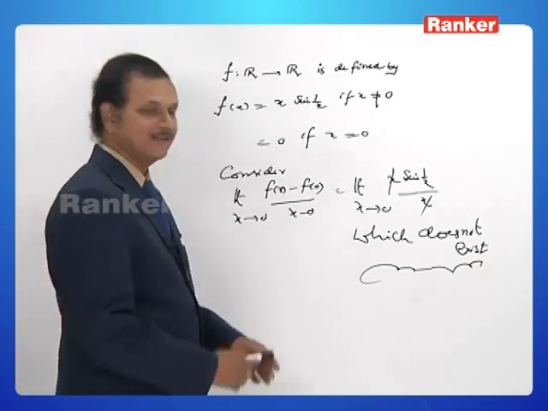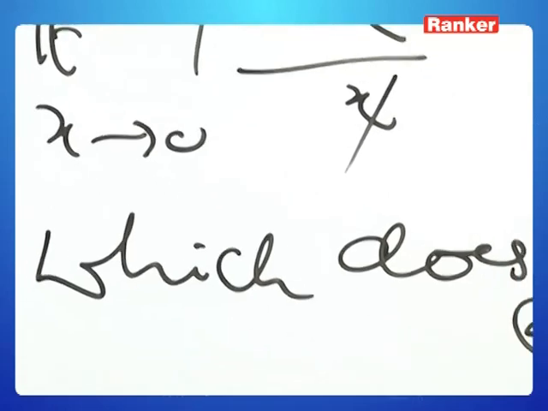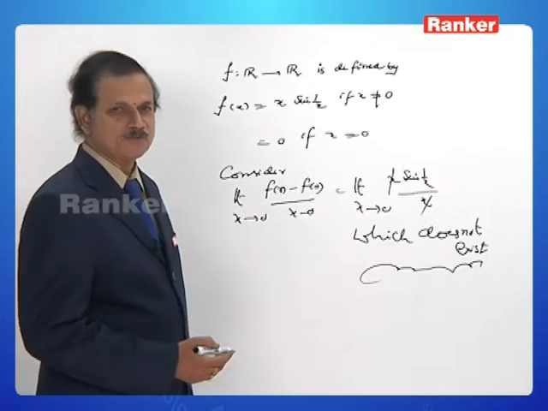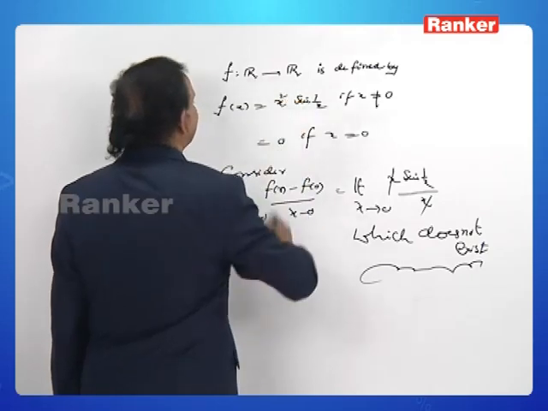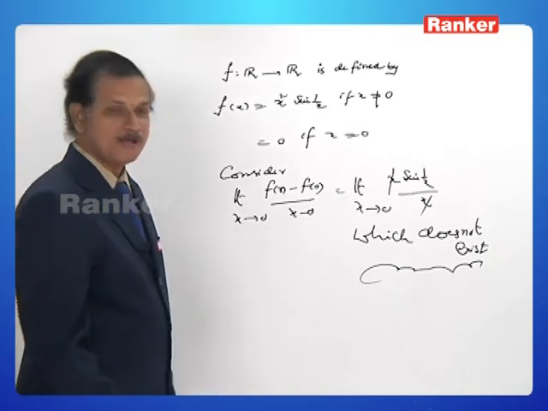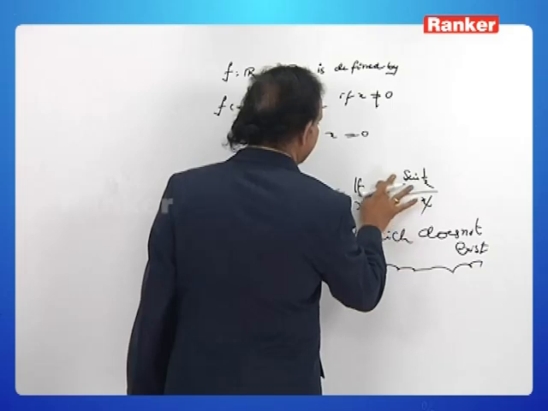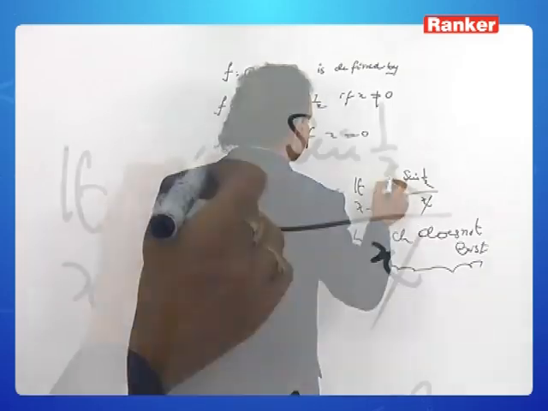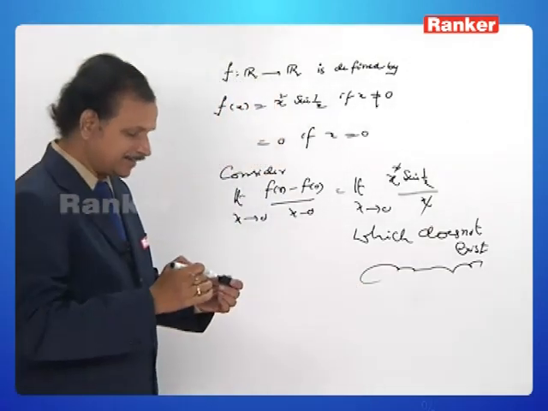What are they? A small change I would like to make to this problem. You observe it. If I write x square sine 1 by x, then what happens? This is x square sine 1 by x. One x is cancelled.